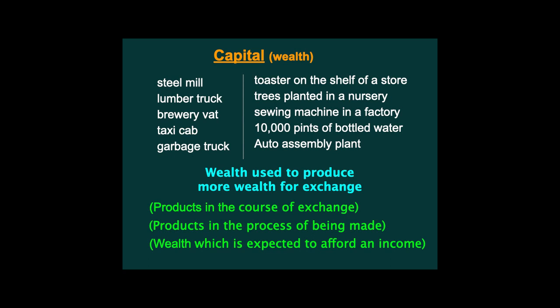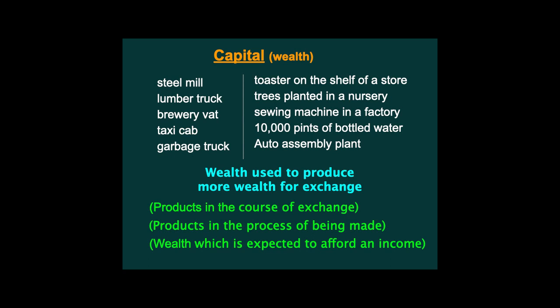Goods works fine and it expresses exactly what we wanted, but the proper term in political economy is capital. And all capital is wealth, but of course, all wealth is not used to produce more wealth for exchange, so it's not capital. What Henry George points out, and I'm not sure how important this is, is that if you have a hammer and saw and tools that you're using to repair your own house, you're not part of the economy. You're not going to exchange any of these things. It's wealth, but it's not really capital.